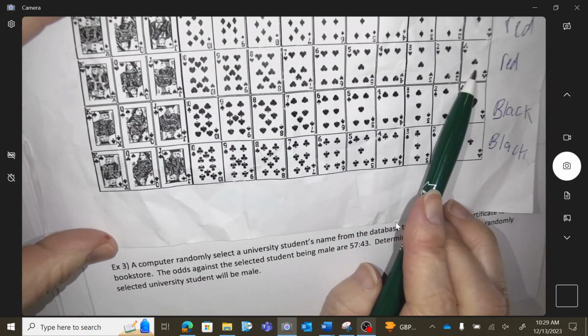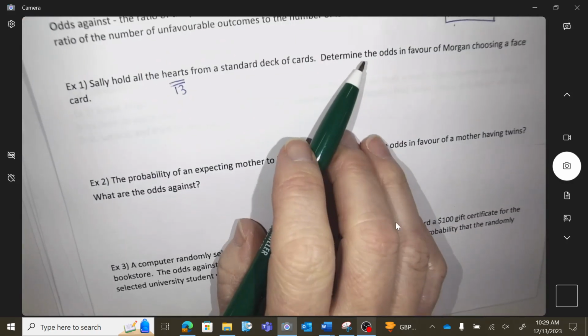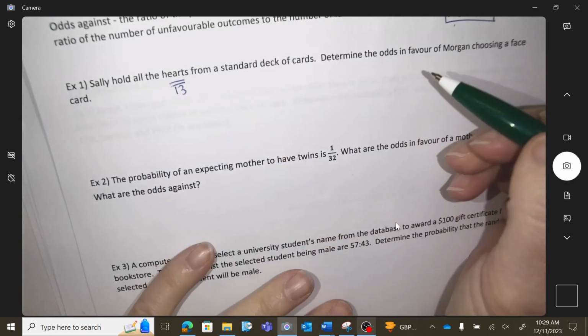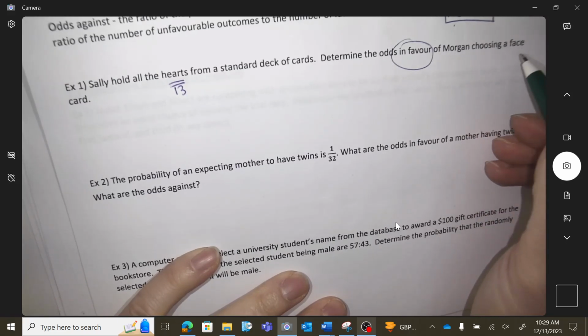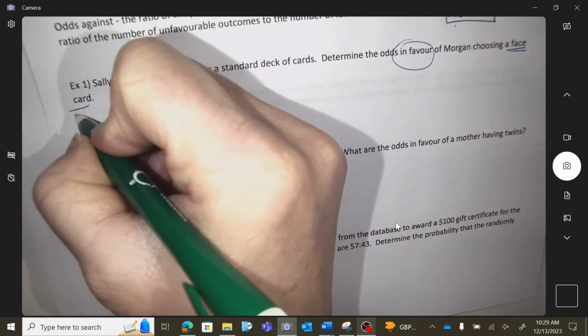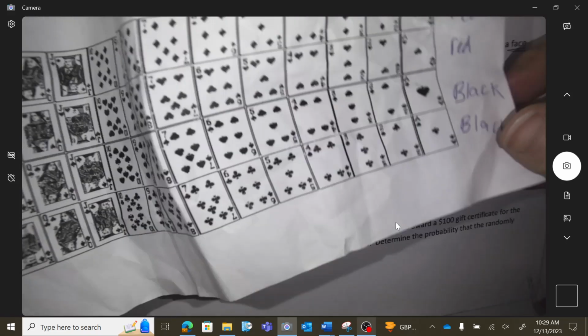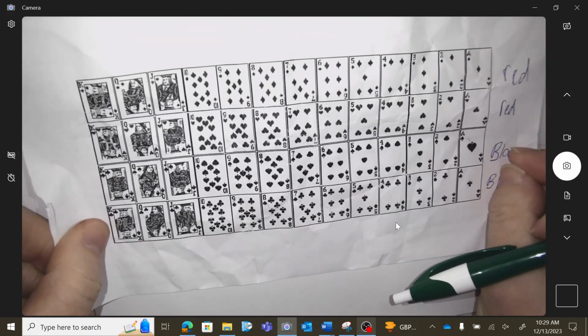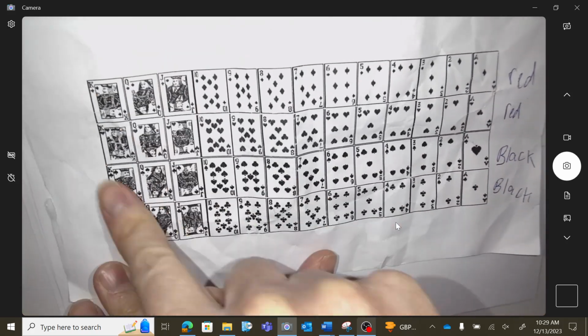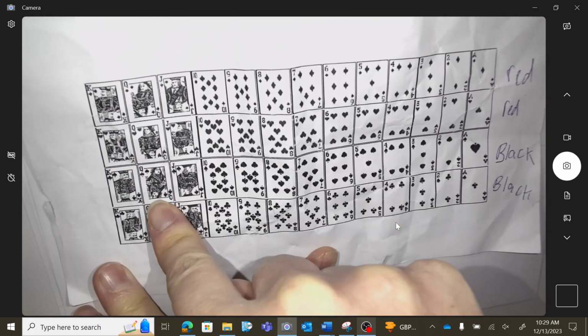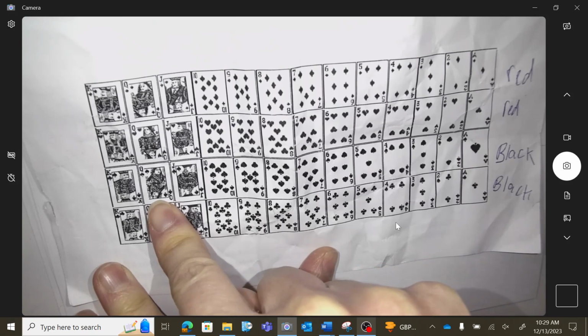Okay, determine the odds in favor of Morgan choosing a face card. Do we know what a face card is when we look at cards? All these jacks, queens, and kings are called face cards.